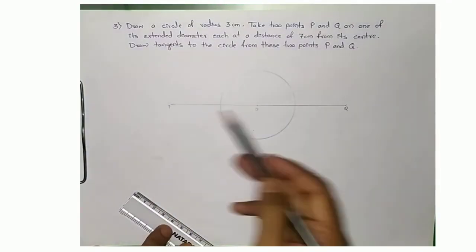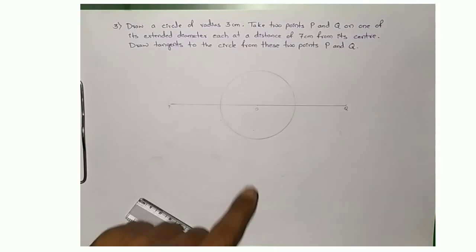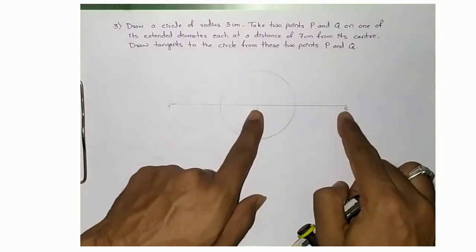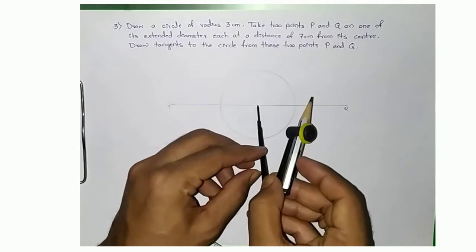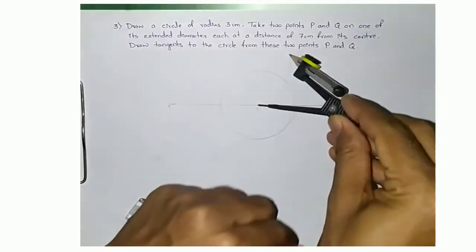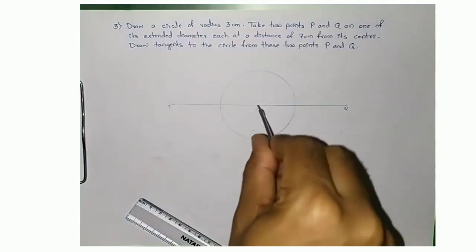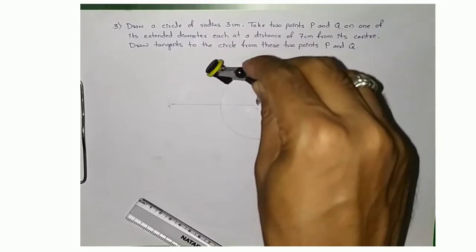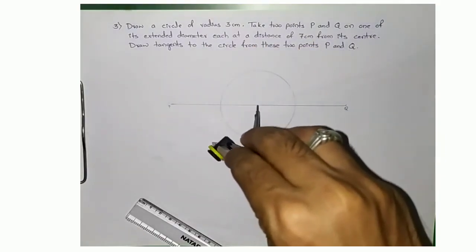From P and Q now we have to draw the tangents to the 3 centimeter circle. For this we need the center point of OQ as well as OP. For that, use the more than half method. Cut the more than half arcs at top and bottom. Similarly towards P also.